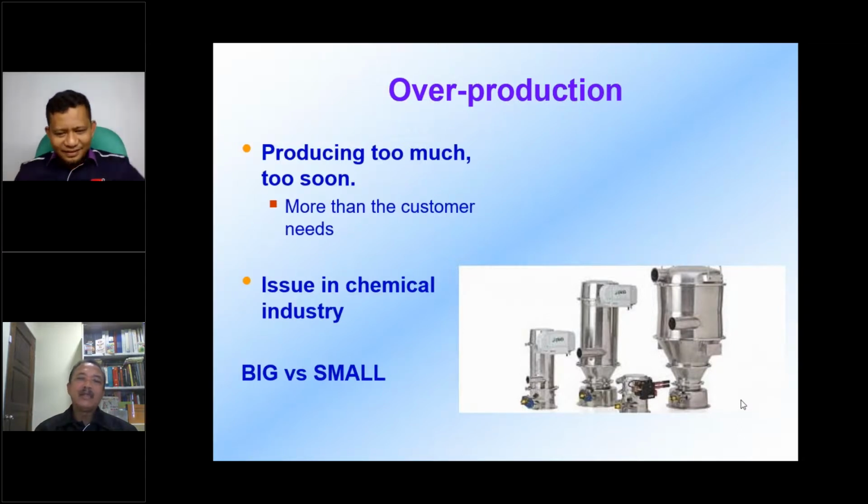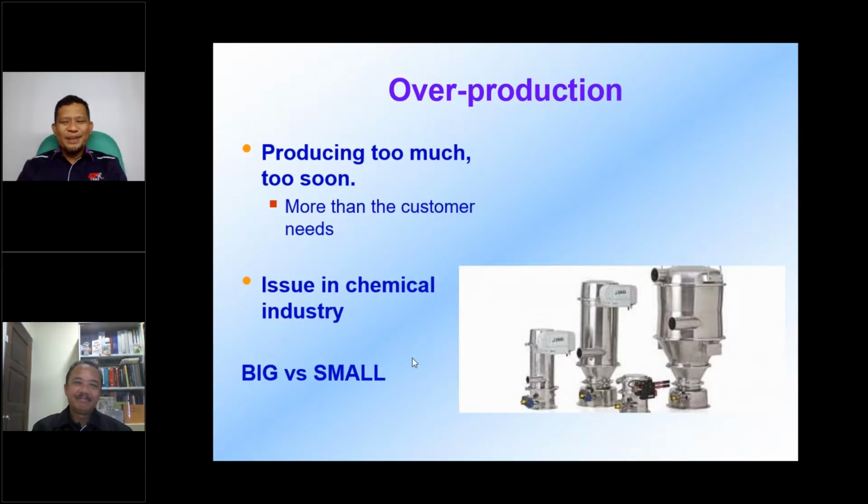Small is better in the sense that it's more flexible and you can manage better. So we need more people like you to convince the top management. Go for small first, and then when it's already stable, when your market is stable already, then you can go bigger.